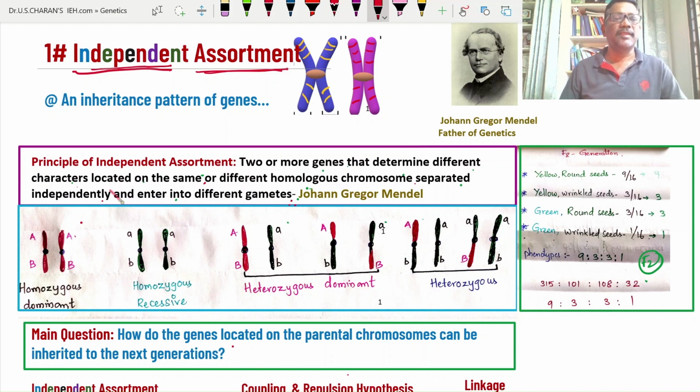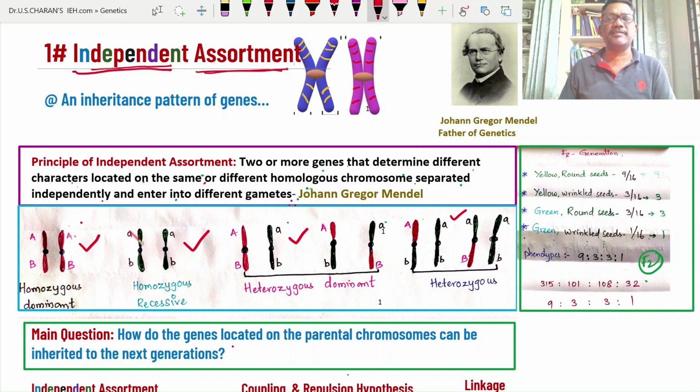It means whatever the allelic pattern present in the parental organism, either homozygous dominant, homozygous recessive, heterozygous dominant or other heterozygotes, whatever the genetic pattern of parental chromosomes, they can be separated, involved in the crossing over, exchange the genetic material, form new types of genetic recombinations, enter into the gametes and form new genotypes and phenotypes in the next generation.